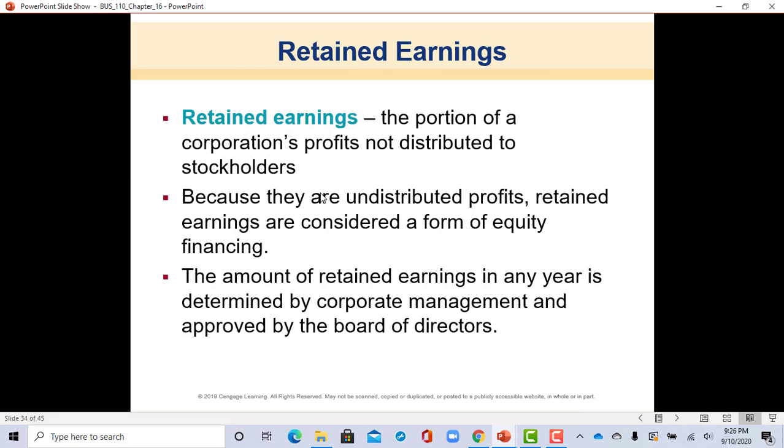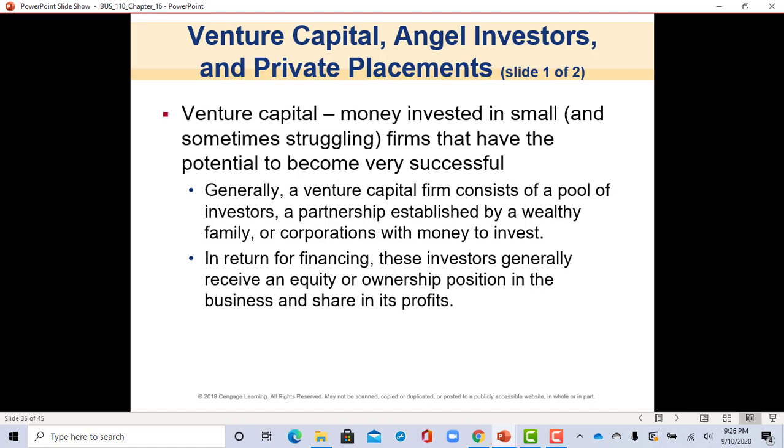And retained earnings is the portion of the profits not distributed to the stockholders. So that's the money that the company is holding on to. They can also take in money from venture capitalists or angel investors or private placements.